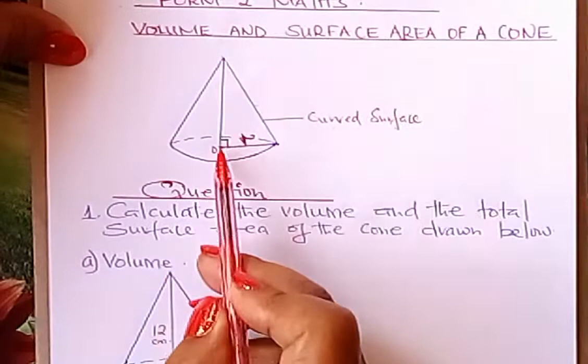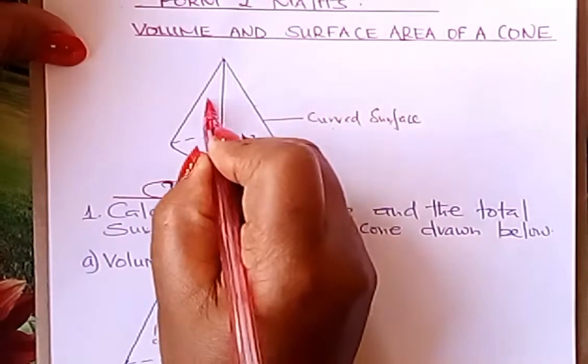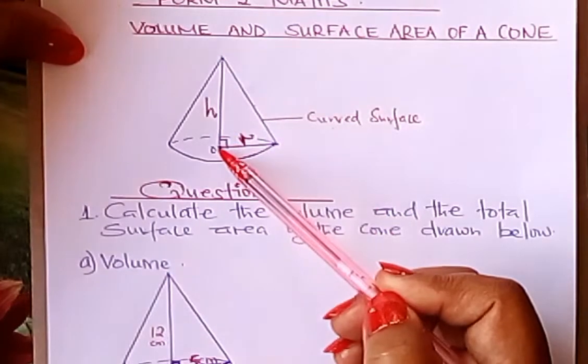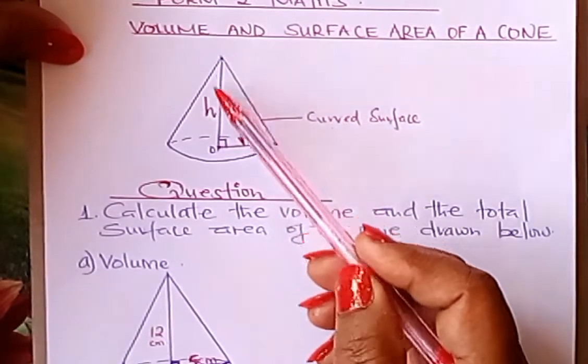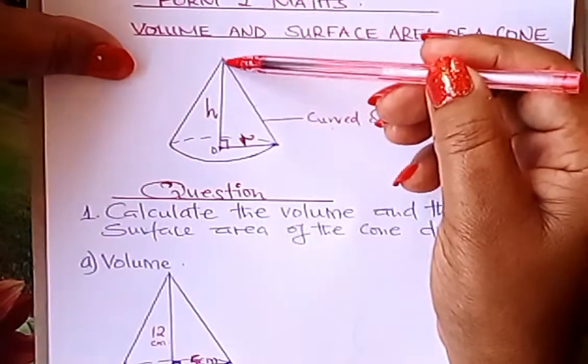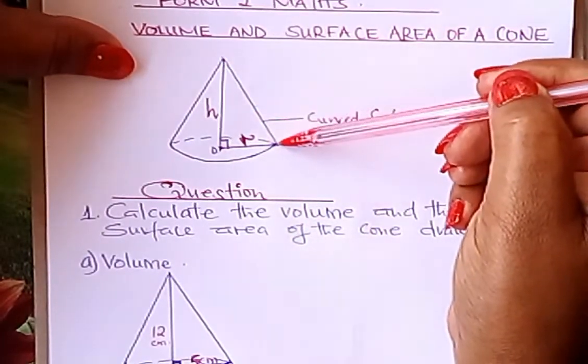And this height here is called the height of our cone. This perpendicular height here, which is perpendicular to the radius, is called the height of the cone. Then we have this height here, which is slanting.